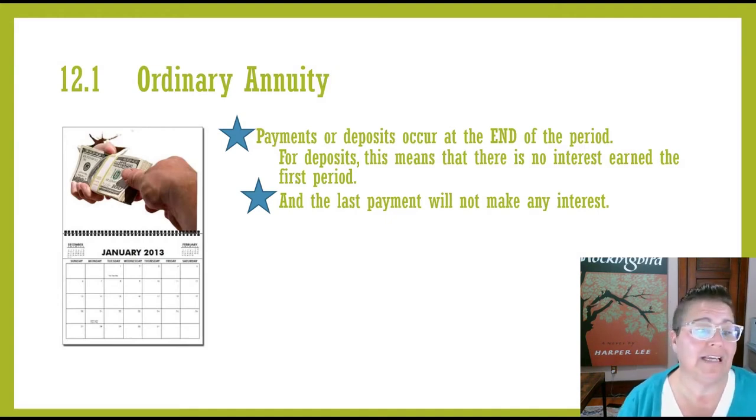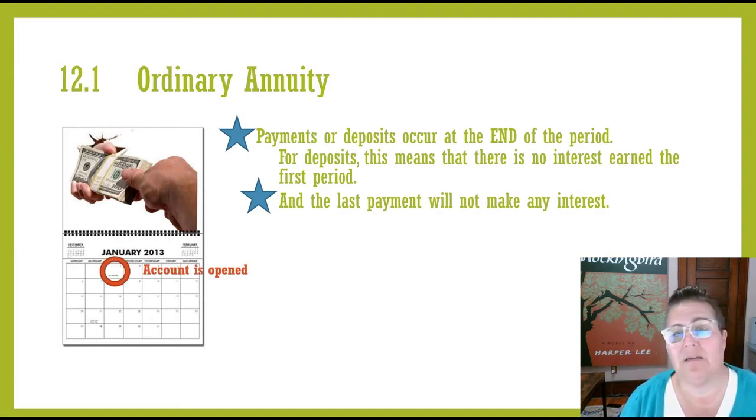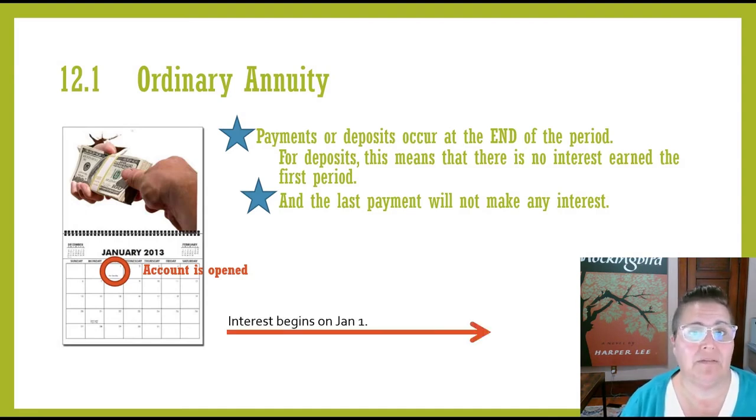For example, there is a calendar here. Yes, it's January 2013, but that's just what the image gave me. All right, so the idea here is that you open that annuity at the very beginning of the month. Maybe it's not the beginning of the month; maybe you open it on the 4th, but still it's opened at some point. So technically, as soon as that annuity is opened, your interest begins.